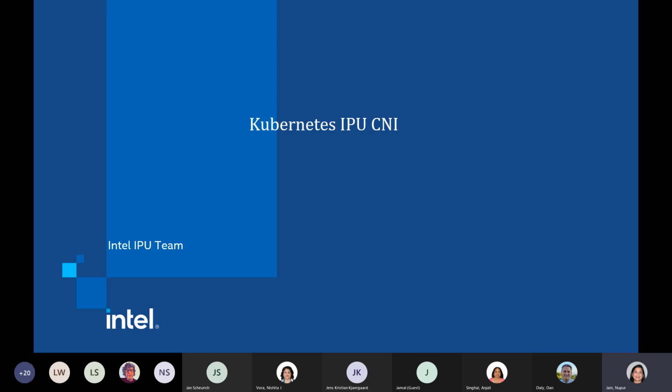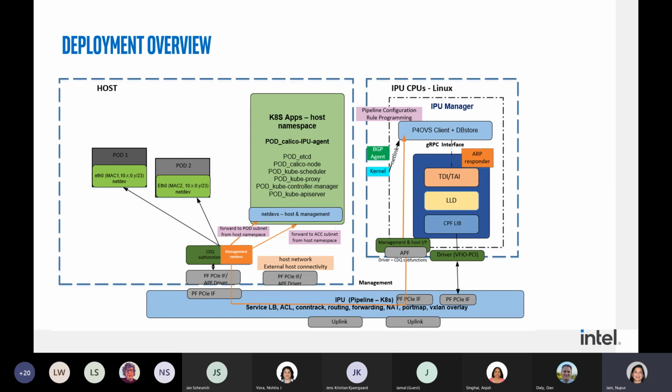So as an example CNI, we started our work with Calico. This is just initial prototyping of the work. So here's a very high level view of a K8s node. The green box here depicts the standard Kubernetes components, except for what you see as IPO agent.